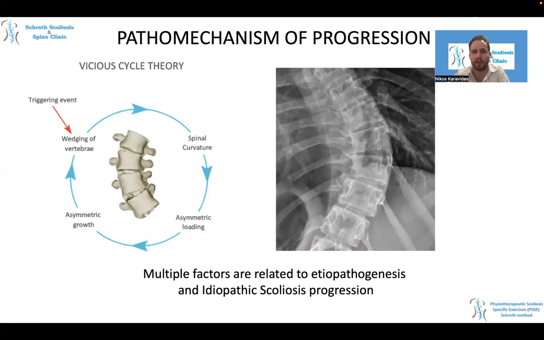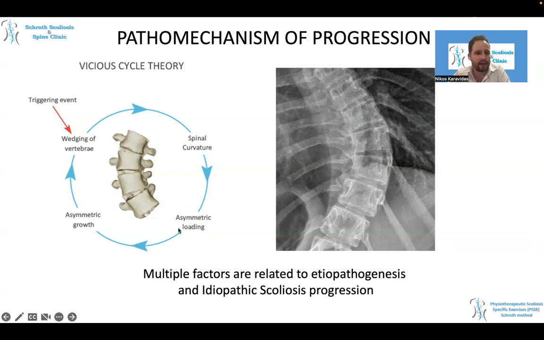So you can see that the convex side of the vertebral body is growing faster than the concave side, and also the discs and also the ribs are closer on one side. So what is in the concavity is growing slower and is collapsing.